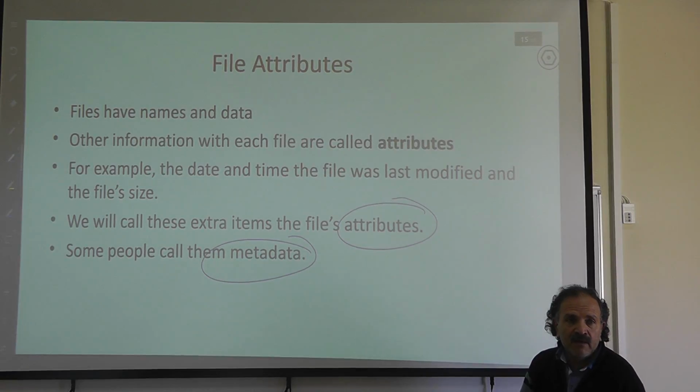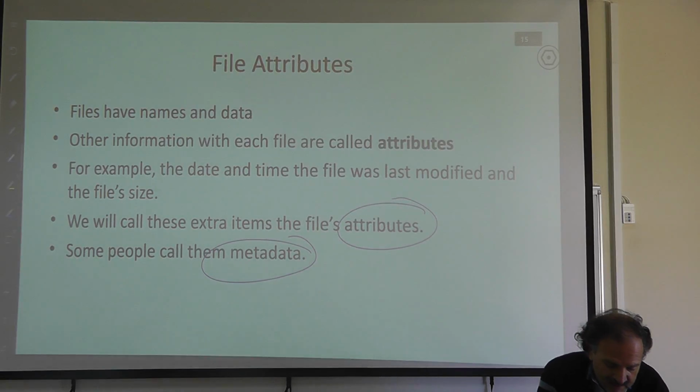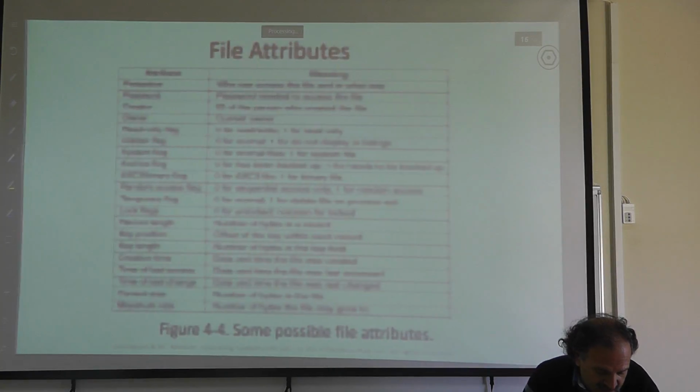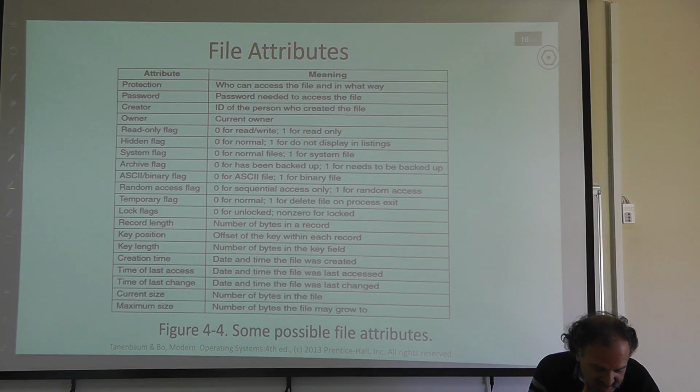Because in the Windows environment, we don't have the group execution bit. We don't have the others execution bit. So what do you do with those? It is not known. So these become a problem. What I'm saying is that these attributes are very different from operating system to operating system, and it becomes a problem to move a file from one operating system to the other.